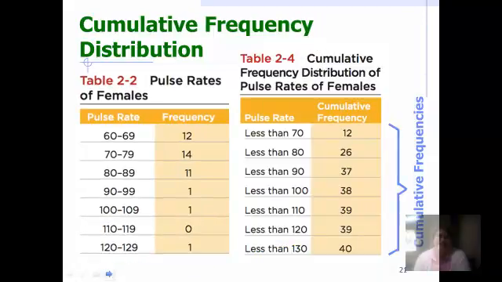Then there's another thing we can do, and that is the cumulative frequency. And the cumulative frequency just says this is everybody who's less than that. So we have 12 that are less than 70, we have 26 that are less than 80. That's 12 and 14. We have 37 that's less than 90. That's 12 and 14 and 11, and so on and so forth. When you get to that highest class, then you know this is everybody that is in your data set.